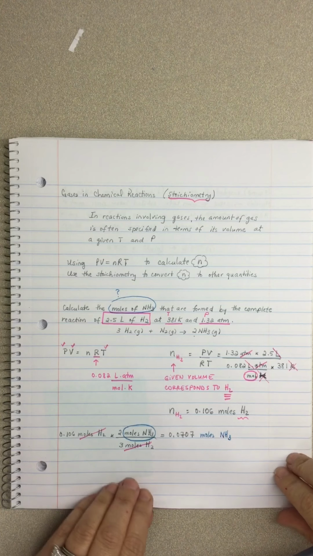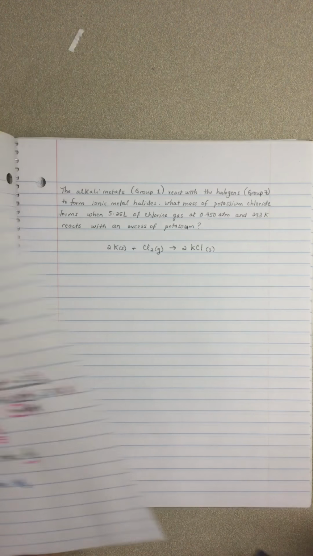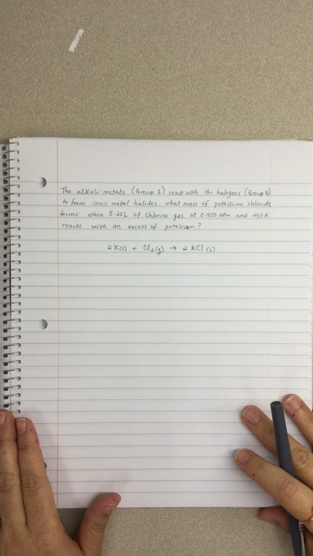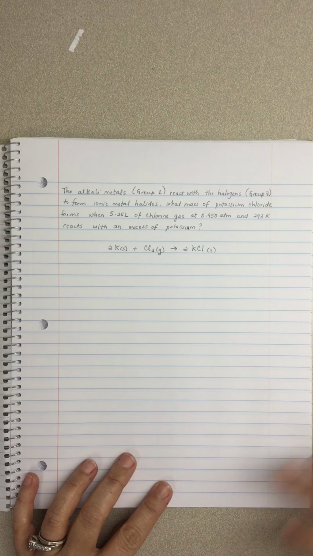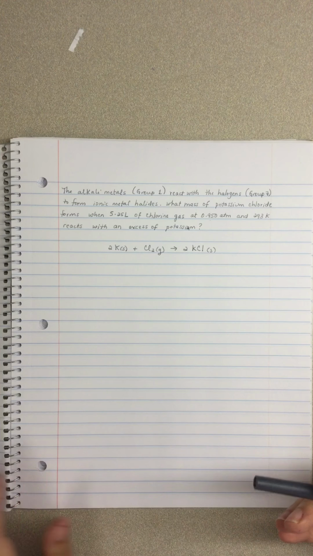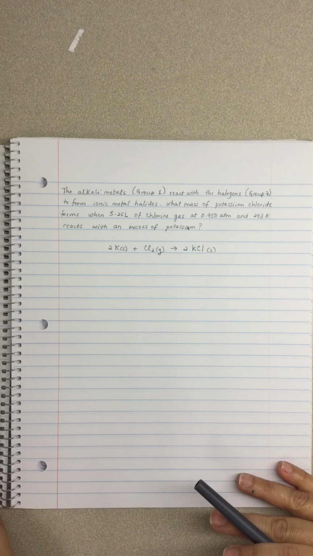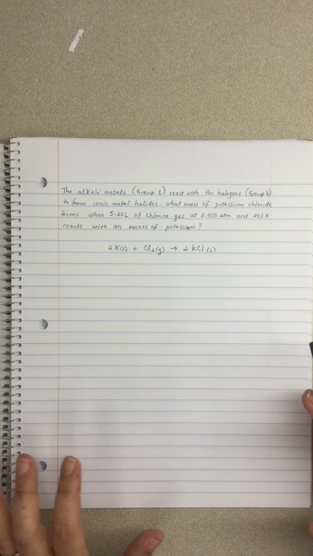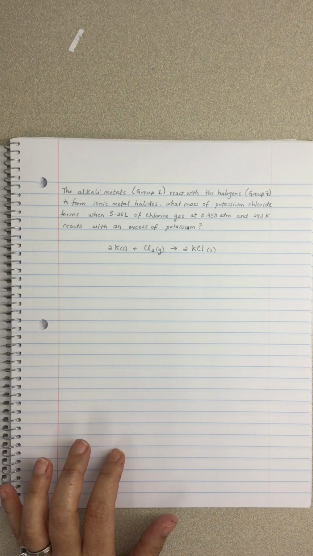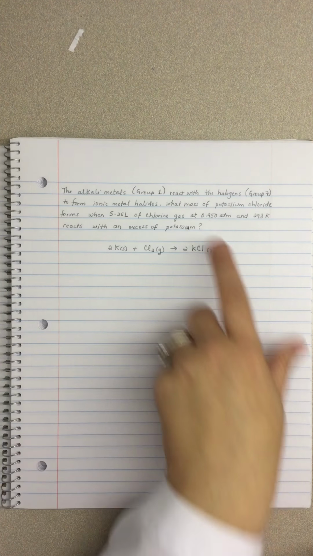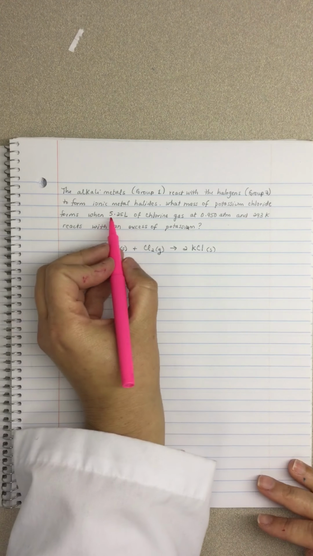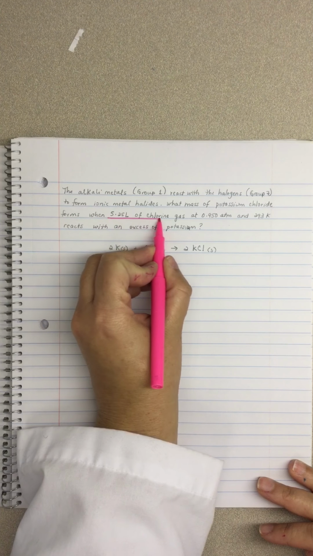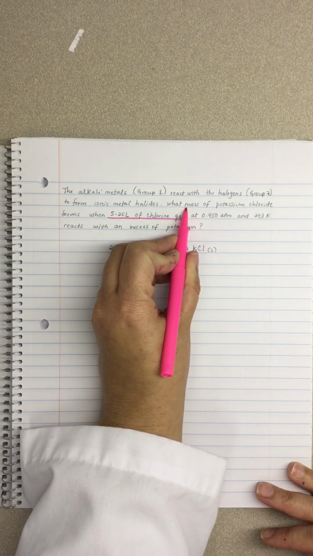So I have another problem right here, and this one is a little bit more complicated, not by that much. I'm going to show you what you have, and I'm going to write down the final answer, just the final answer. You have a volume for chlorine gas.